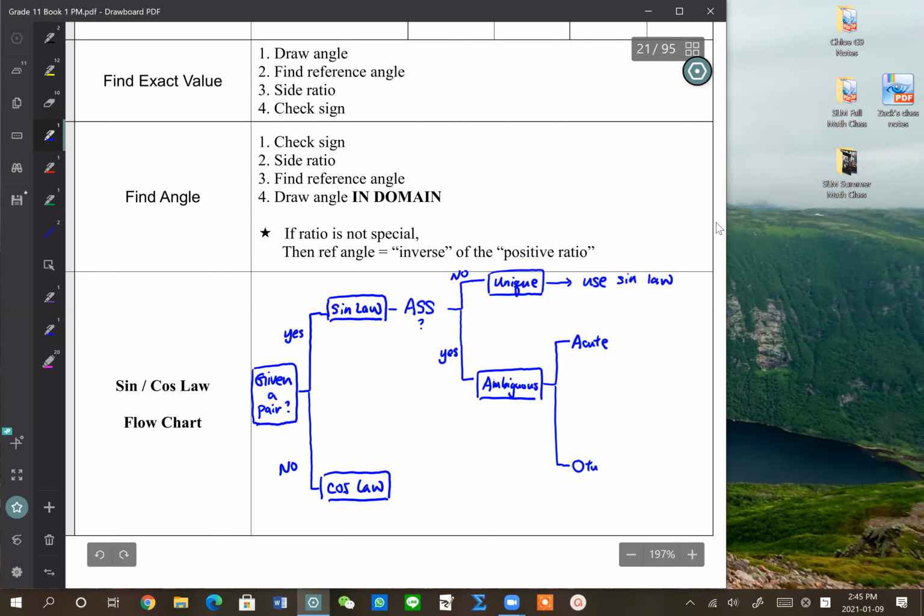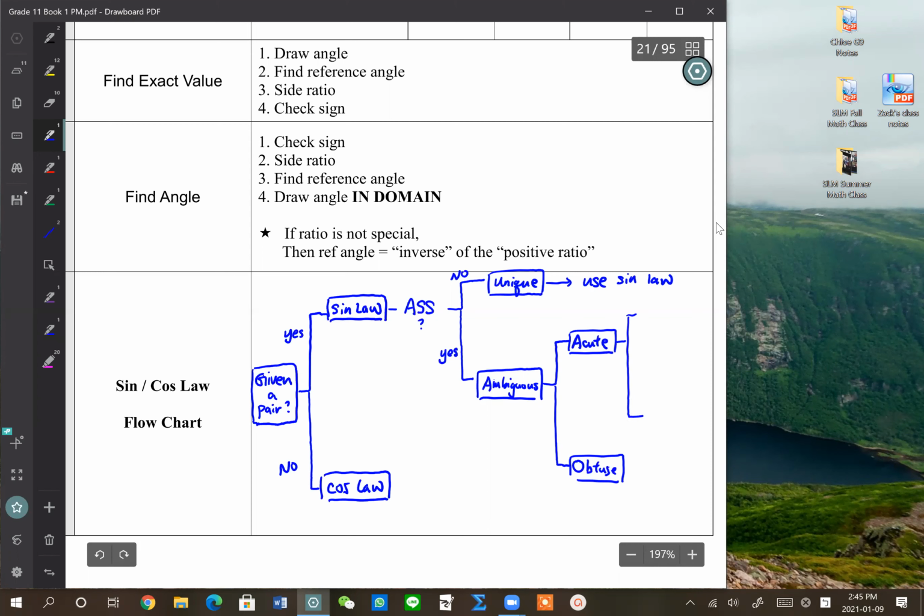This flow chart is very important. It gets too overwhelming when you study this, right? So for acute, once you know it's acute, you would have four things. You find the height.